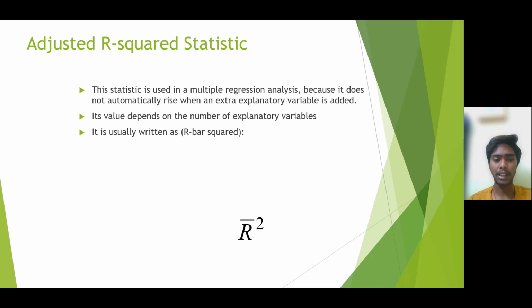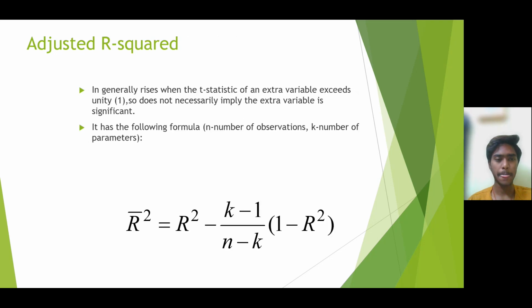It means R with a bar and the whole squared. Generally, it rises when the t-statistic of an extra variable exceeds unity, 1, so it does not necessarily imply the extra variable is significant. It has the following formula. Here you can see R bar squared equals R squared minus k minus 1 by n minus k, into 1 minus R squared. Here is the formula that you can see.